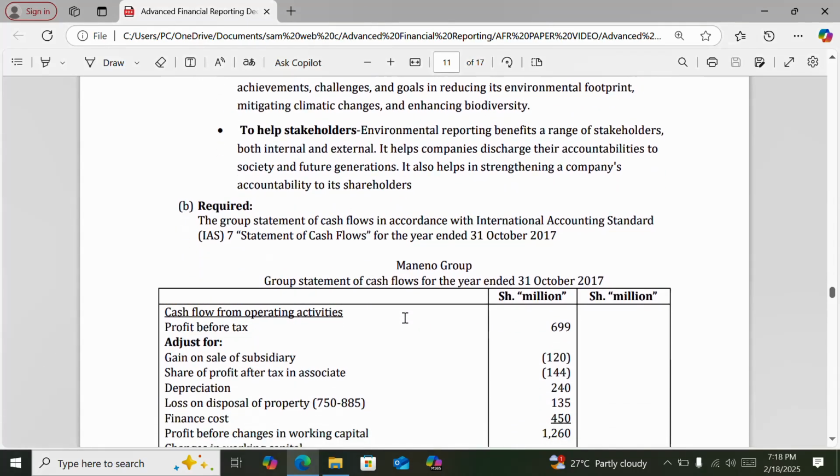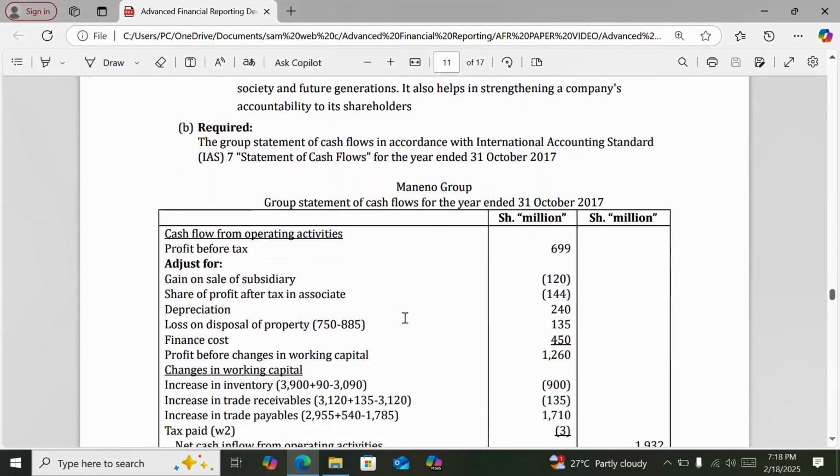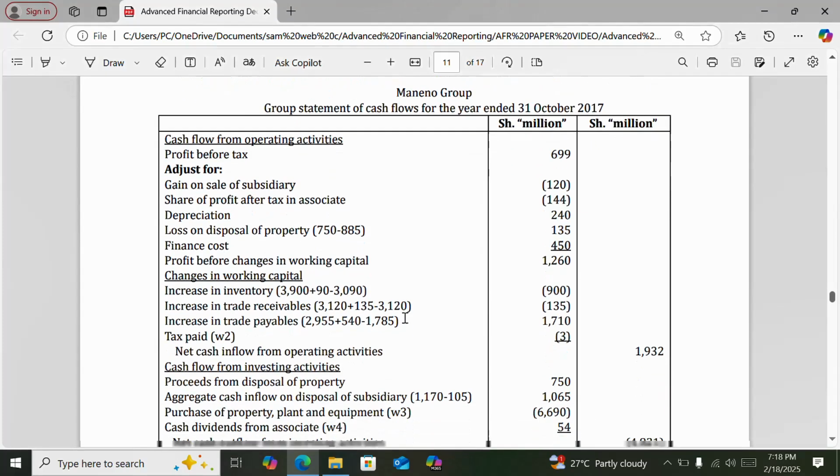And then part B on the group cash flow of Maneno Group.